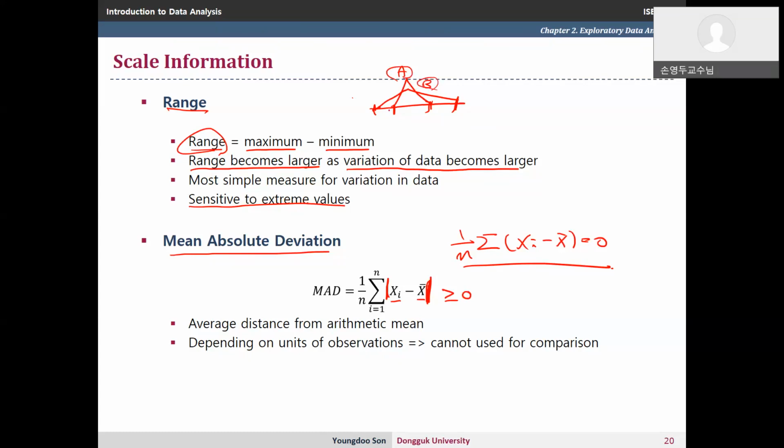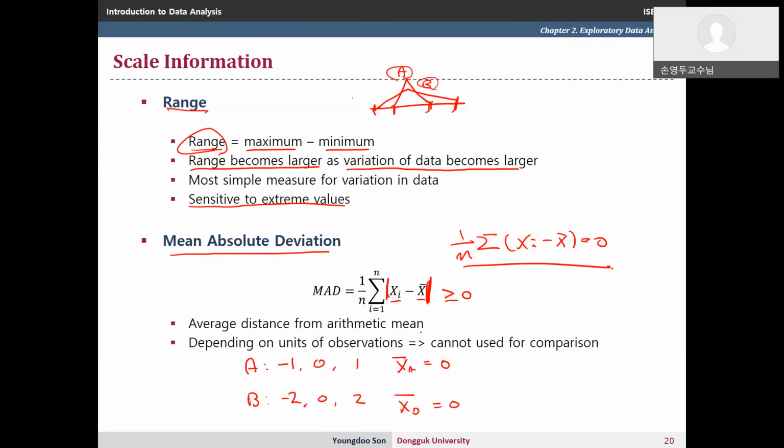Of course, okay, let's make another example here. We have two sets: A, with three data points, -1, 0, 1, and B, -2, 0, 2. We know that the arithmetic means of the sets A and B are both 0.